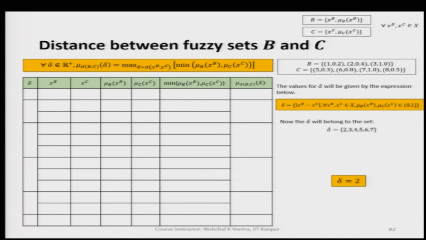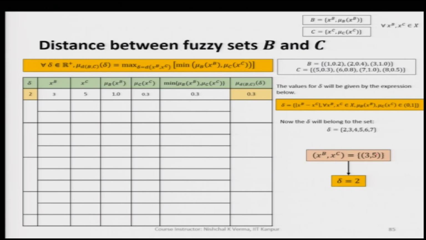Let us take first delta equal to 2. For delta equal to 2, we have one pair of entries, 3 and 5. This pair is responsible for creating the difference of 2. Let us enter all these entries in the table, and that is how we get the max here also 0.3 in the last column.